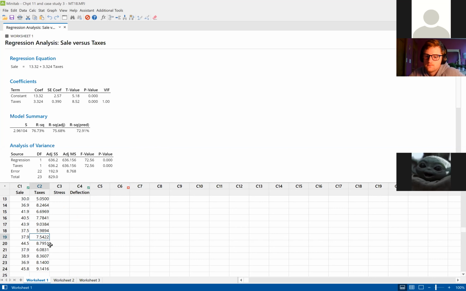Data point 19 has 7.5422, so that's the closest raw data I can get to. And then the sales price was 37.9. So I'm going to compare this data to what I calculated. And so, switch it back.